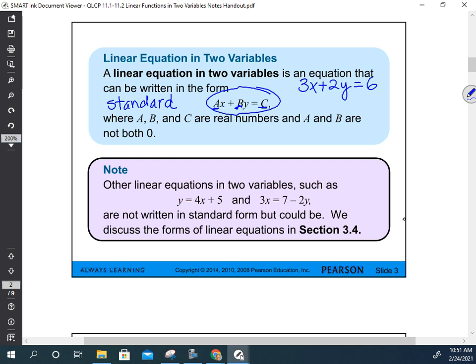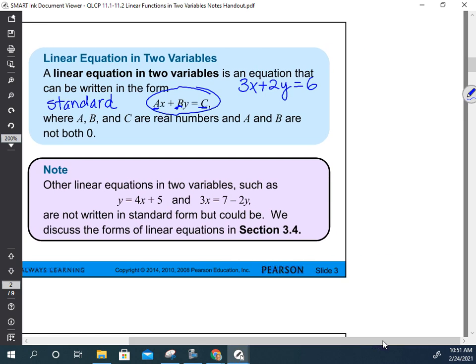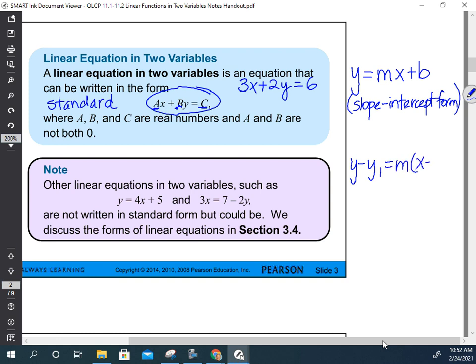Now, when you think back to Algebra 1, there were other ways that you saw a linear function. So I'm pretty sure you probably remember something along the lines of y equals mx plus b, known as slope-intercept form. And y minus y1 equals m(x minus x1).